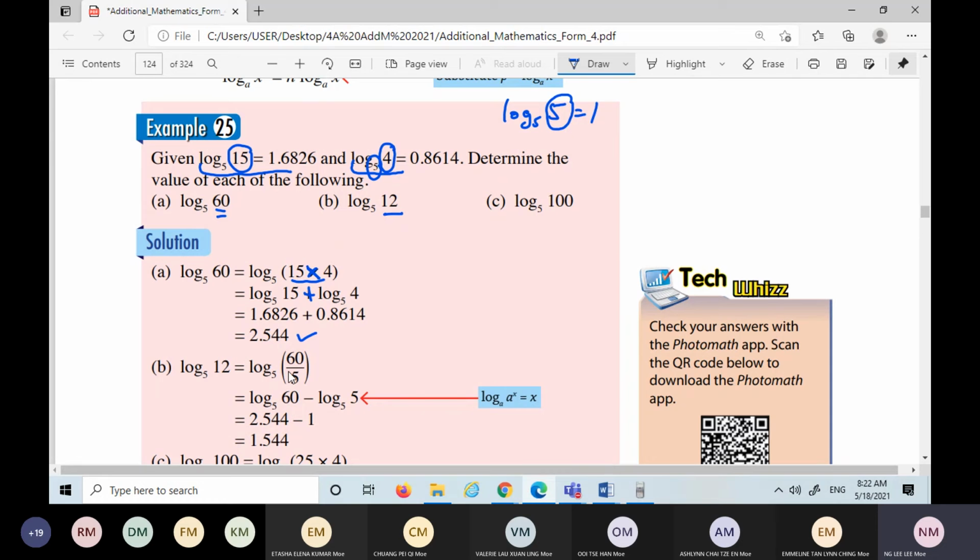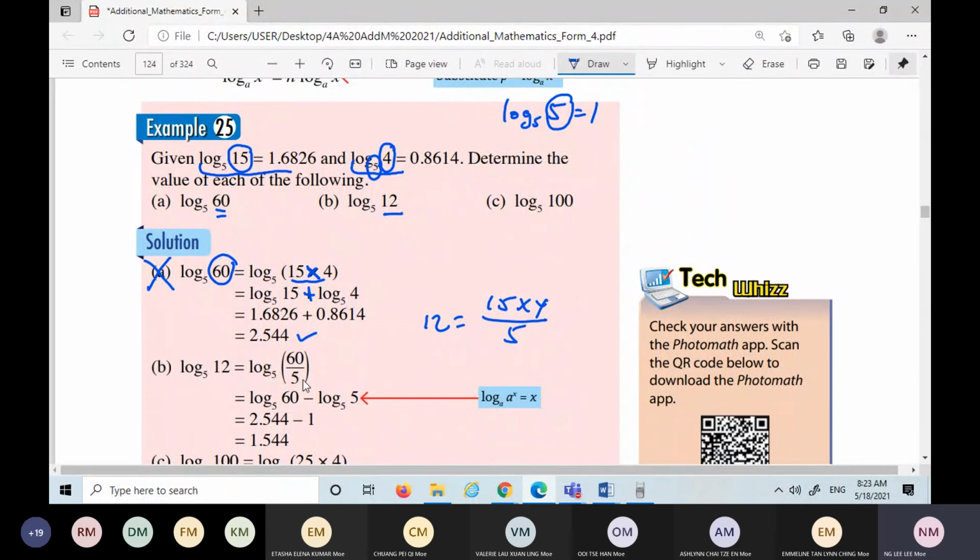This log_5 60 comes from the answer to A. If there were no A, then you would have to know the 12 actually is 15 times 4 divided by 5. You have to be clever.